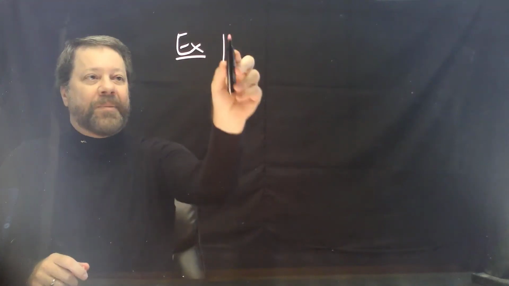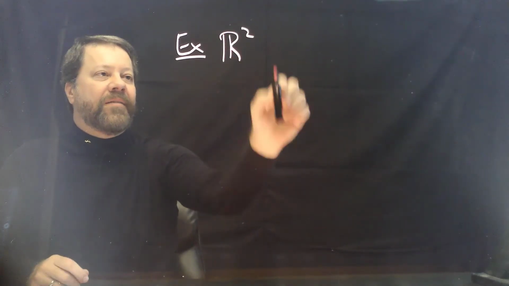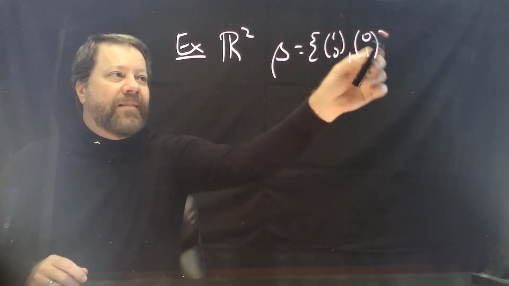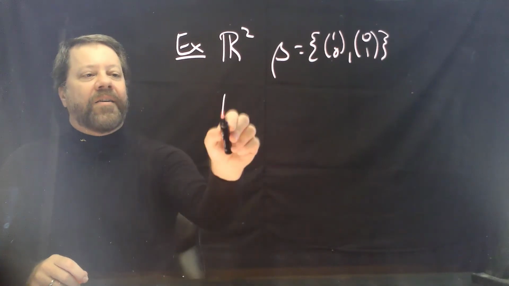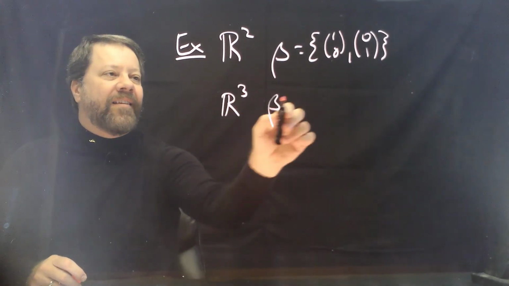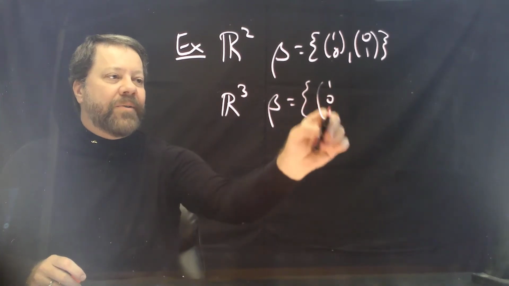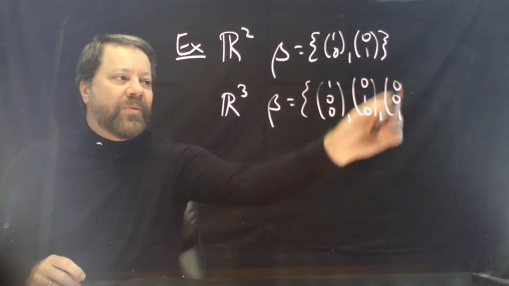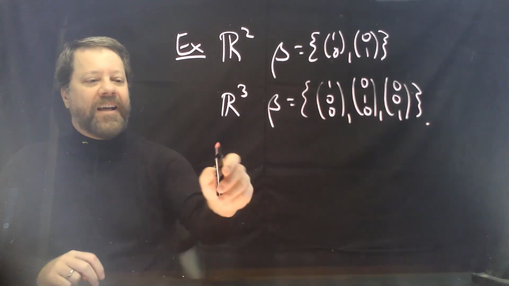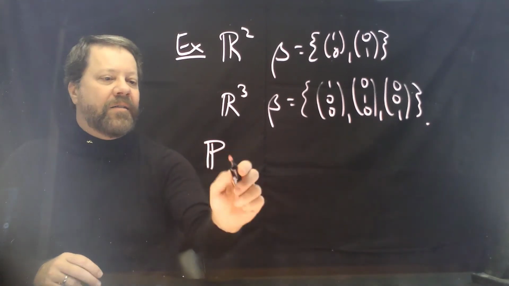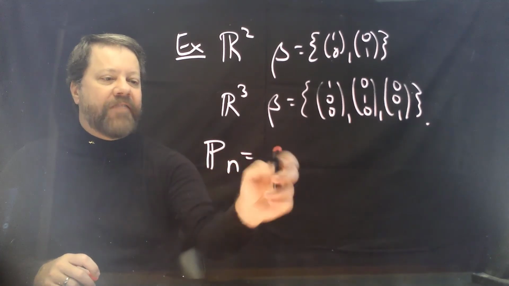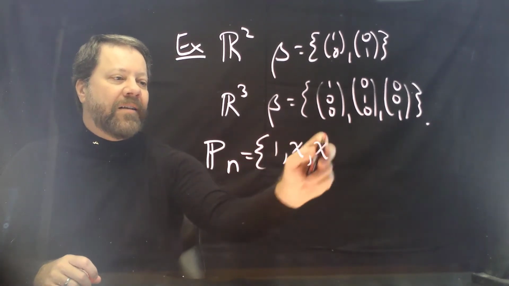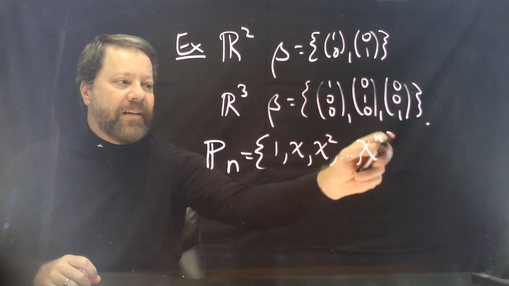There are classical examples. On R2, a basis might consist of (1, 0) and (0, 1). And on R3, a basis might be (1, 0, 0), (0, 1, 0), (0, 0, 1). And on Pn, the set of polynomials of degree n or less, a basis might be 1, x, x squared, up to x to the power n.